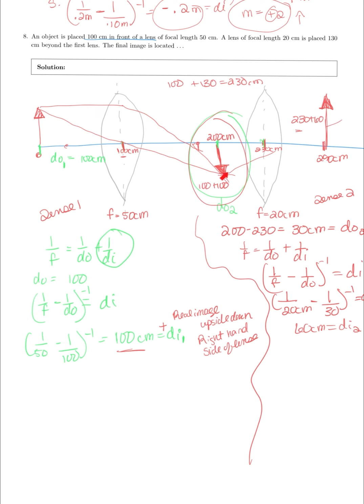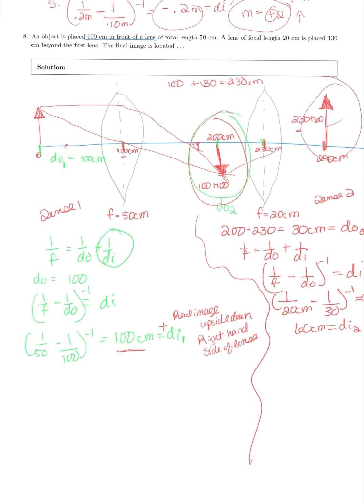So in reference to this object, this image is upside down compared to that. Everything is about perspective. So if we can see that these two are flopped, we can see that this is still a real image. So if your teacher says, is your final image a real image? You can tell if it's opposite this one. So if it went from up to down to up, you know that this is a real image.